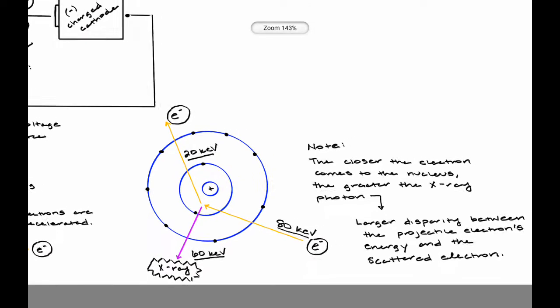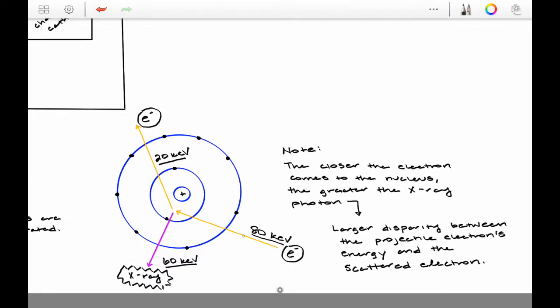When this projectile electron interacts with the atom, like I said before, it's going to change direction once it passes by the nucleus. In this case, it lost 60 kilo electron volts. So the scattered electron is going to leave the atom with 20 kilo electron volts, and the X-ray that is produced has an energy of 60 kilo electron volts.